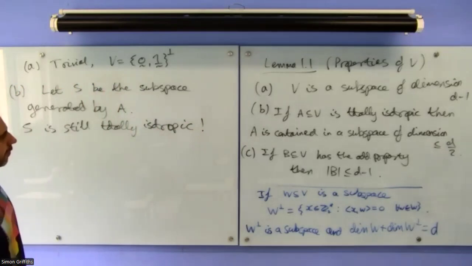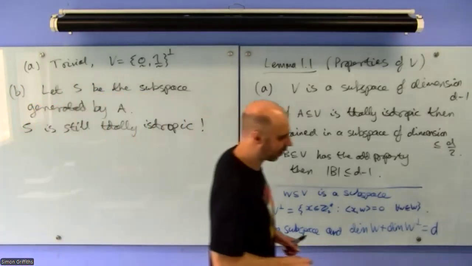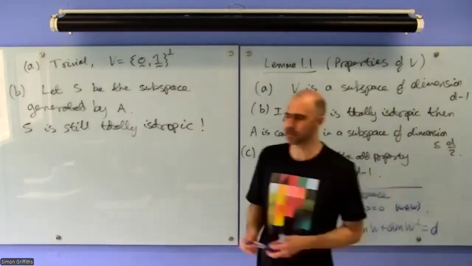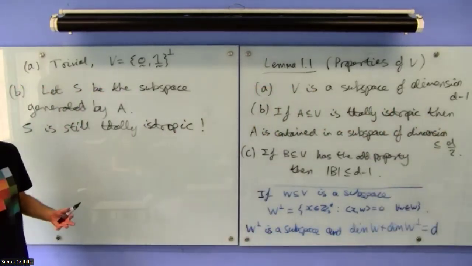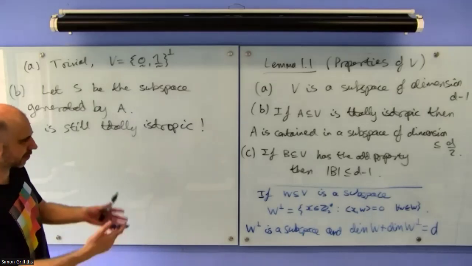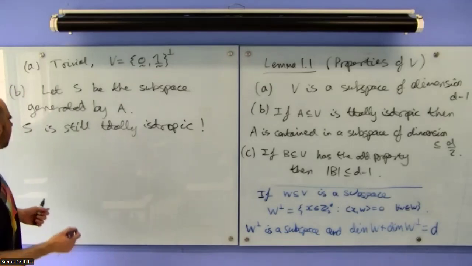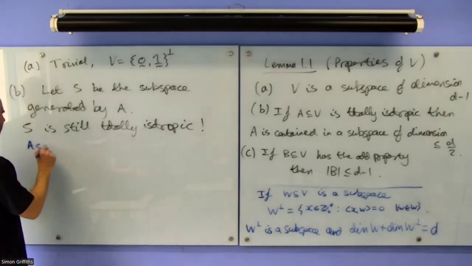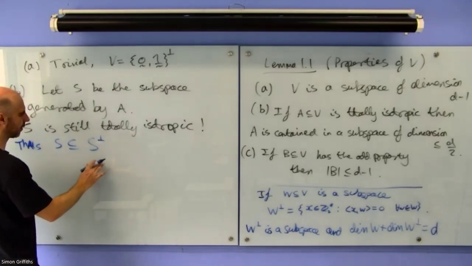So now, actually, this is what Bruno mentioned a minute ago. The property of being totally isotropic is the same as saying that the set is contained in its perpendicular. Thus, S is contained in S perpendicular.